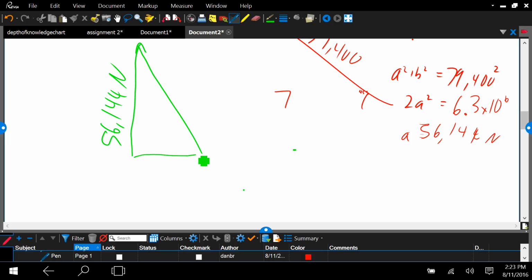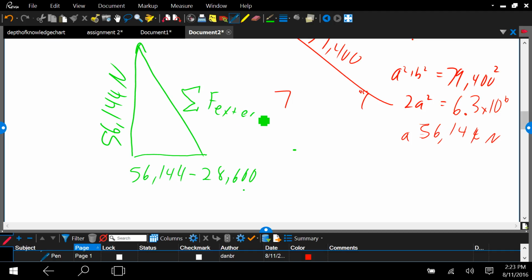And this little piece right here, this must be the difference between the 56,144 and the 28,600. If you subtract those two, that must be the length of that side. Once we have these two sides, we can then once again do Pythagorean theorem, and when I've done Pythagorean theorem, I will find, hey, this is the net external force.